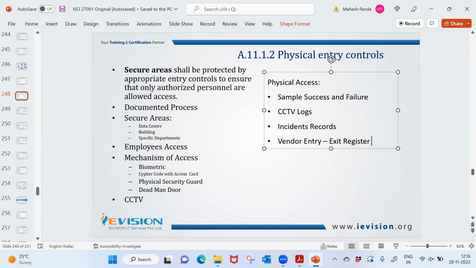You are going to verify that, because that is written in the documented process. In many facilities, a vendor must take approval at least 2 days before entering. Last-minute approvals are rejected, though there might be some exceptions. You may verify whether the exception approvals have been received. All these things have to be tested.